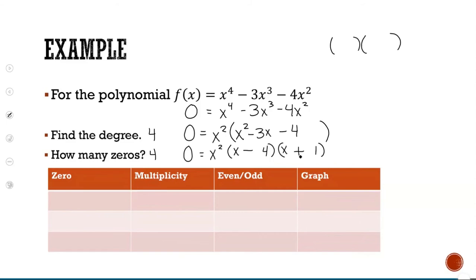All right, so what I want you to do for me real quick is see if you can fill in the chart. Okay, so go through and see if you can list out the zeros and talk about the multiplicity. All right, I'm gonna give you just a minute or two and then we'll check.